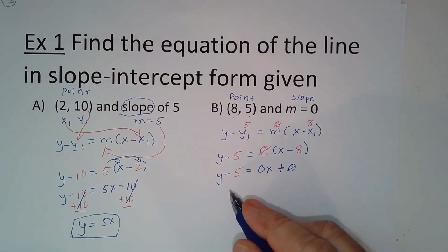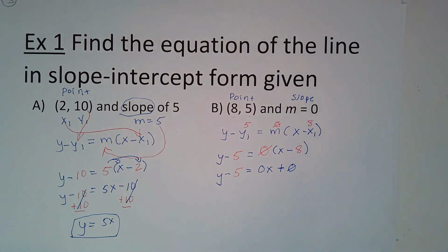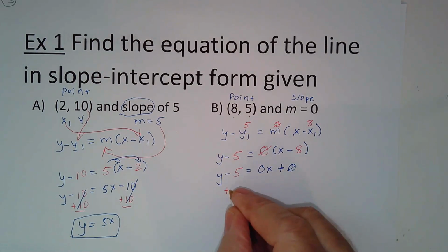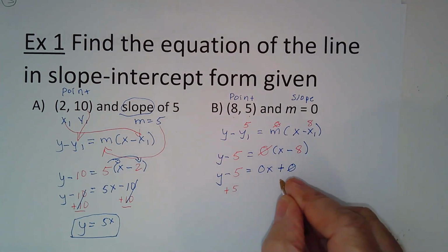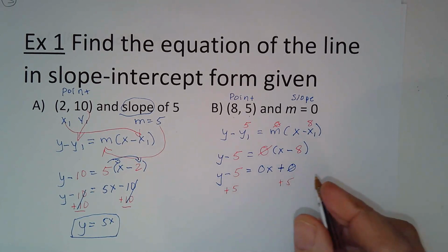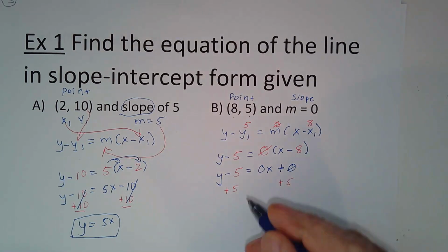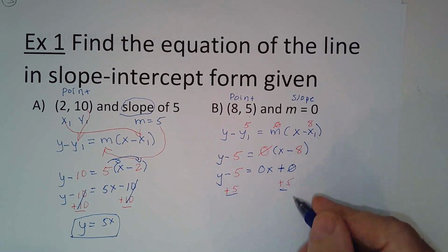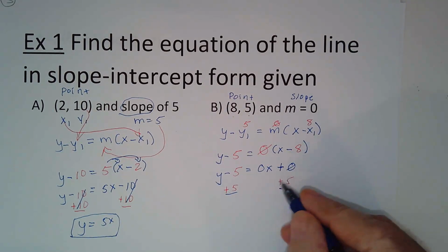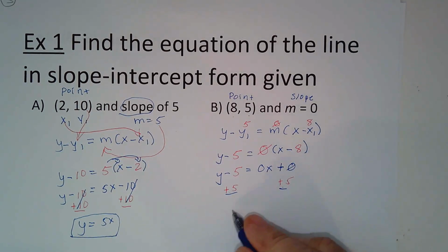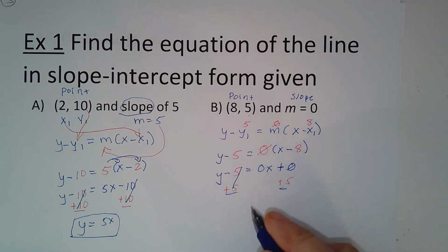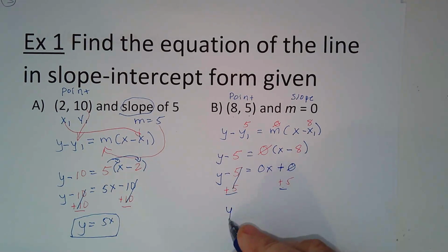All right, and so then we're going to have to add 5 to both sides to get y by itself. And so great, we do that. Now I'm going through this, although you can see this is going to be 0, just so that you can see the form. So y minus 5, I'm going to add 5 to it. You're left with y.